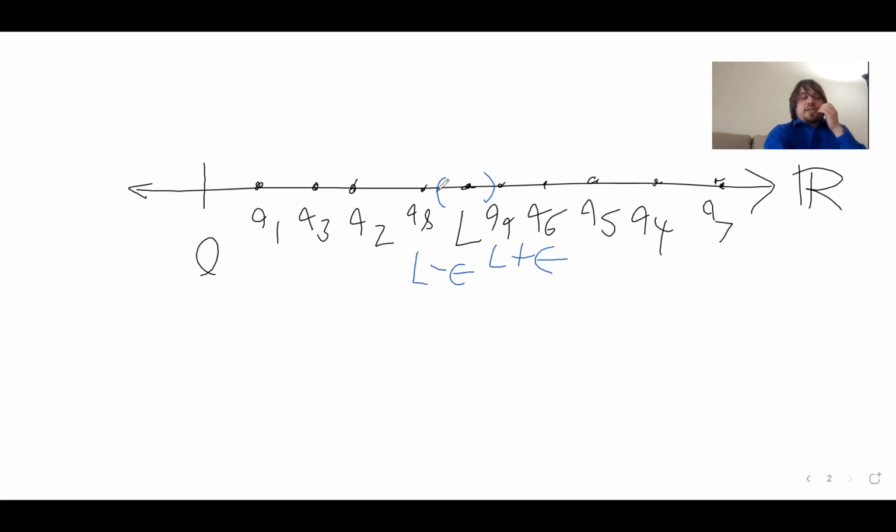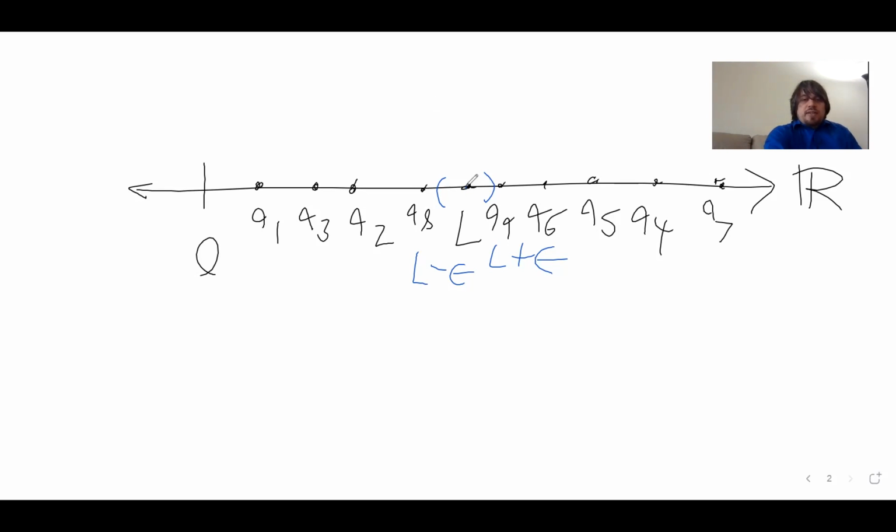So the real number on this side is L minus epsilon, and this is L plus epsilon. So really the radius here is little epsilon. This distance between this black dot and this blue thing is positive epsilon, and you go the same distance epsilon to get to there, right? It's negative, you're going to the left, but if you were thinking of how far you would walk, it would be epsilon.